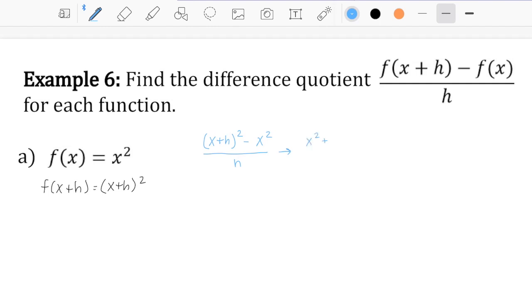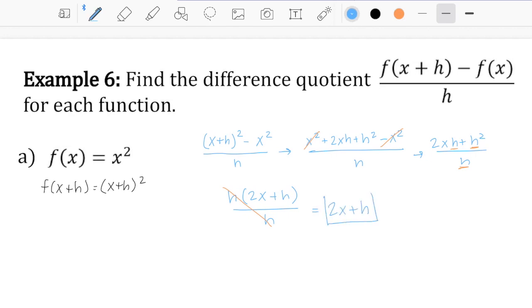We're going to FOIL that x plus h squared. I can cancel out the x squared in the front and then the negative x squared in the back. And then I can factor out an h because I see I have an h in the two terms in the numerator. And after I factor that out from both terms, I can divide the top and bottom both by h. I can cancel them out.